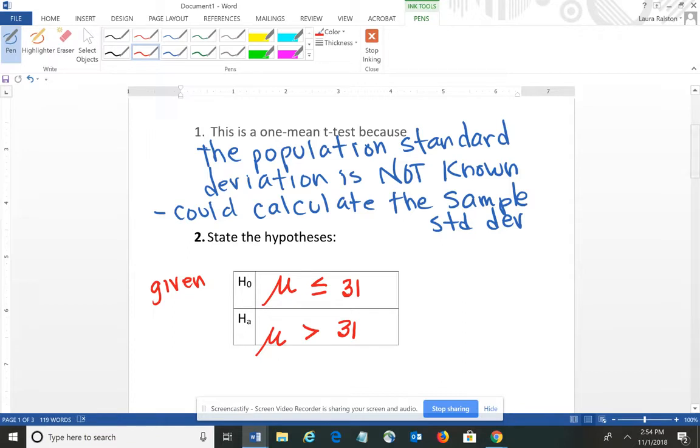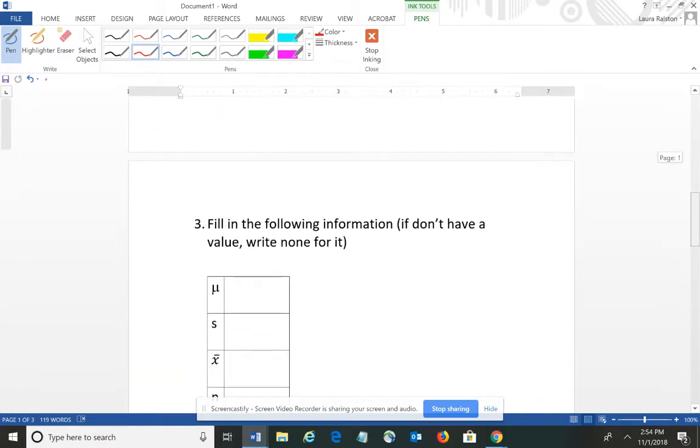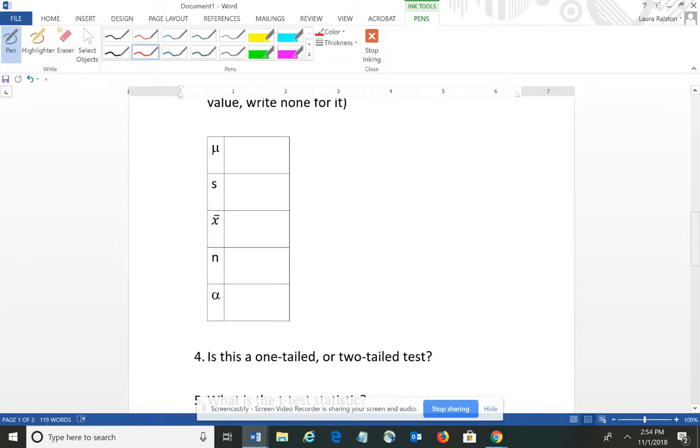Then in the next step, we want to identify the information from the problem. We have the population mean, which is mu, the value in the hypothesis, and in this case is 31.